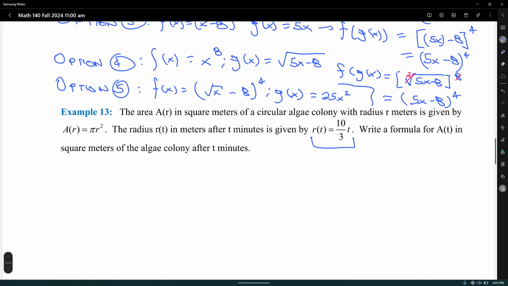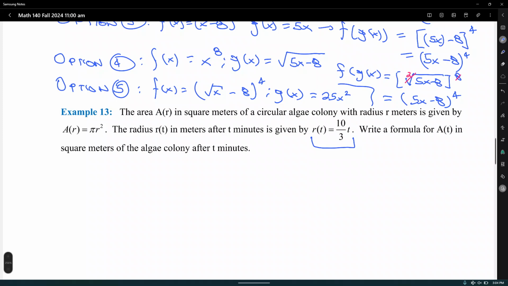So they're asking us to write, instead of doing calculations into one formula for time and then substituting it into the area formula, we can combine these two functions by finding the composition and simply substitute into one single formula.